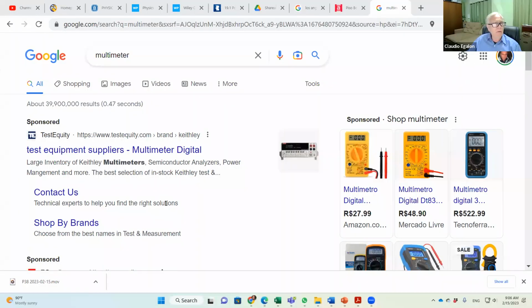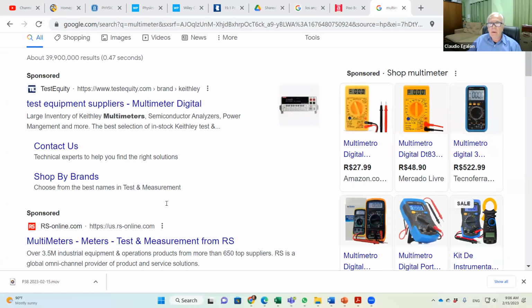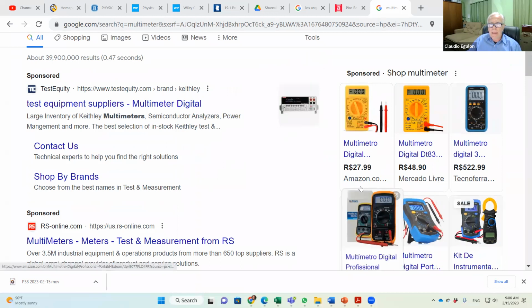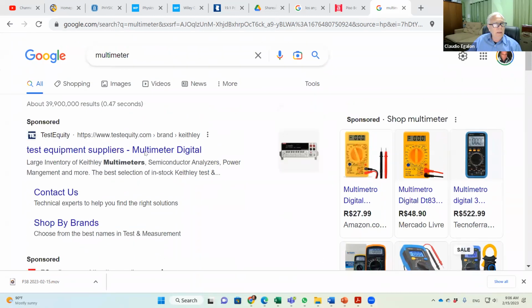I'm going to share my screen with you. Here you go. If you go on Google and type multimeter, you're going to see all sorts of multimeters out there. Their price range can be very cheap or very expensive.